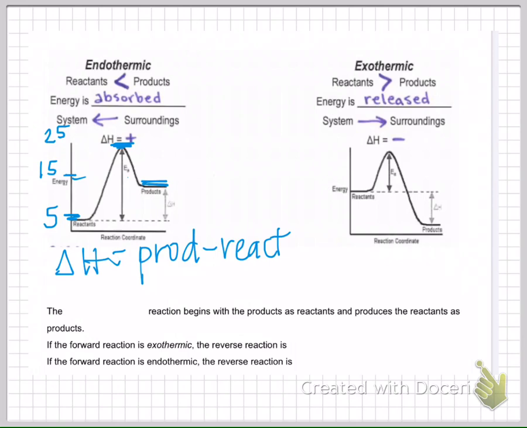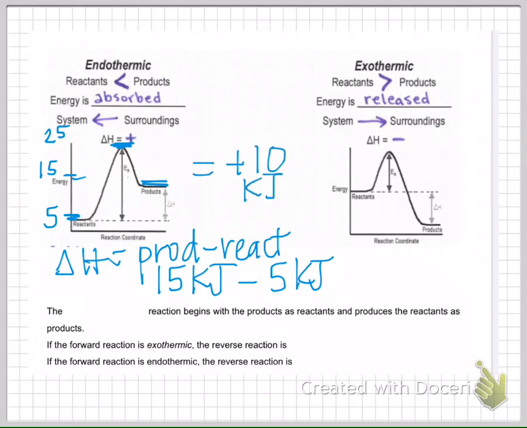Okay, so with energy, if my products have 15 kilojoules of energy and my reactants have 5 kilojoules of energy, well 15 minus 5 is positive 10. Remember I told you guys if your enthalpy is positive, this is an endothermic reaction. And with an endothermic reaction, energy is absorbed.